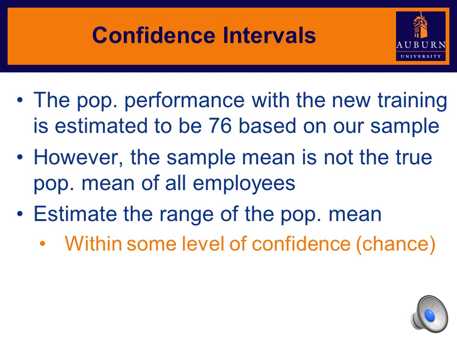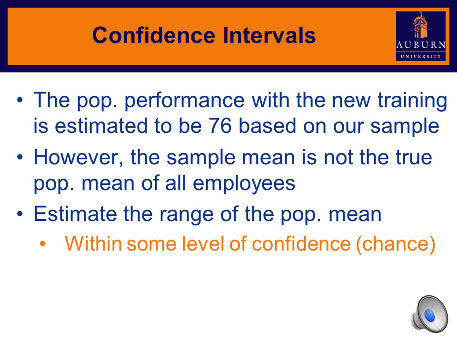So the data we collected showed that the population performance with the new training is estimated to be 76 based on our sample. However, we already know that our sample mean is not the true population mean of all employees. It's our estimate. It's our best guess. So what we want to do in this scenario is estimate the range of where we would expect the true population mean to be for this new training.